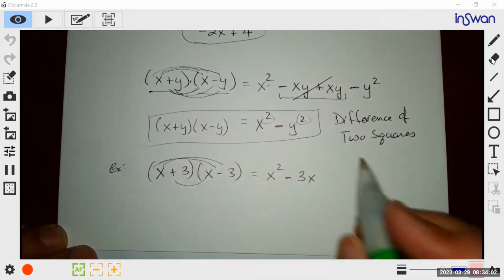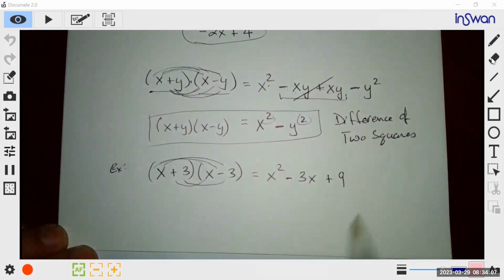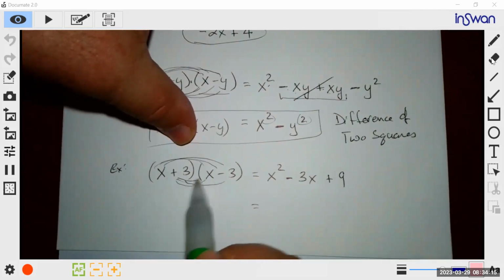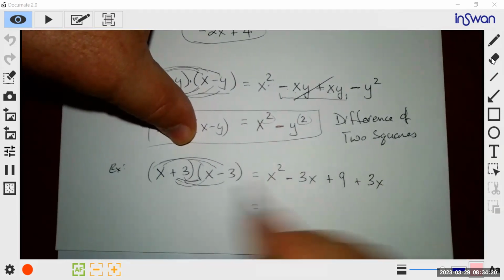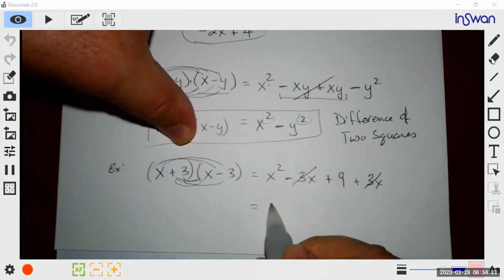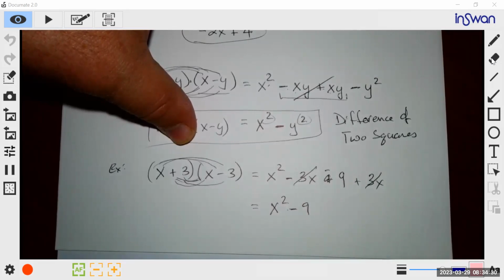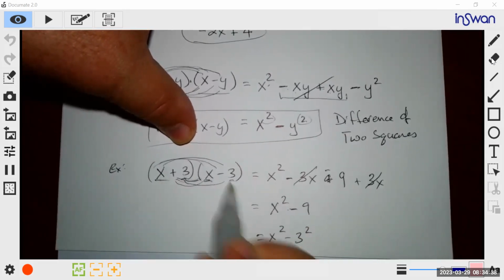Positive times positive is positive. 3 times 3 is 9. Let's write this one. Positive, positive is positive. 3 times X is 3X. And then 9. The 3X's cancel, so we're left with X squared minus 9. This is X squared minus 3 squared. X times X, 3 times 3.